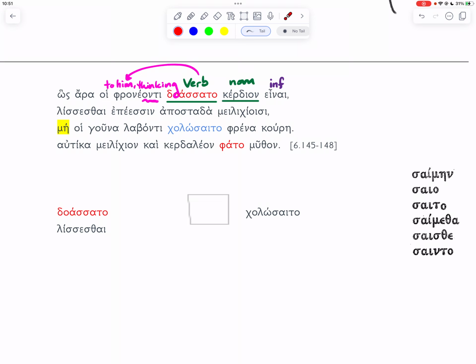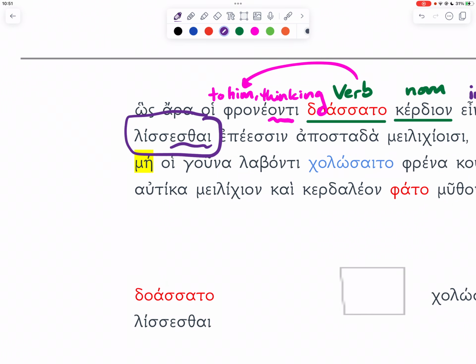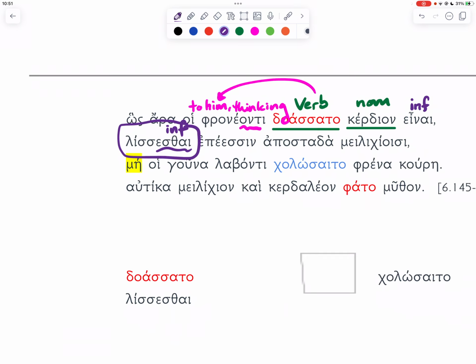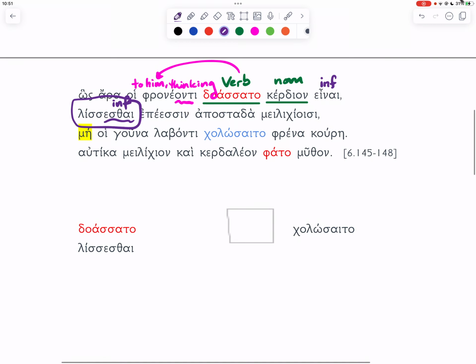To do what? Infinitives, usually I put in purple. Lysesthai. So careful, this esthai ending tells me this is an infinitive. It seemed better to beg her with honey sweet words, her as she was apostada, read for accusative, as she was standing at a distance.